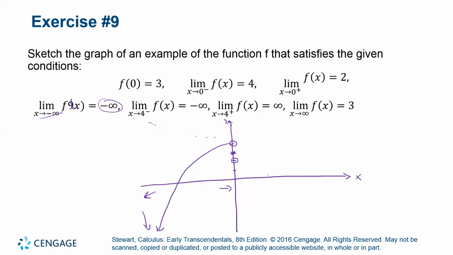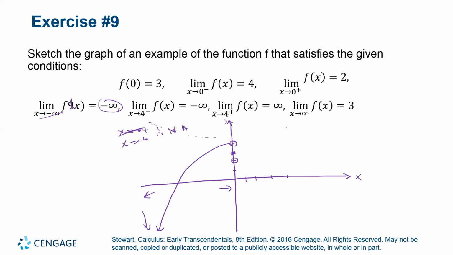Now, on the other hand, when x approaches 4, let's say this is 1, and then 2, 3, 4. This is 4. It says as x approaches 4 from the left, you go to negative infinity. What does it mean? It means that the line x equal to, sorry, positive 4, x equal to 4 is a vertical asymptote.